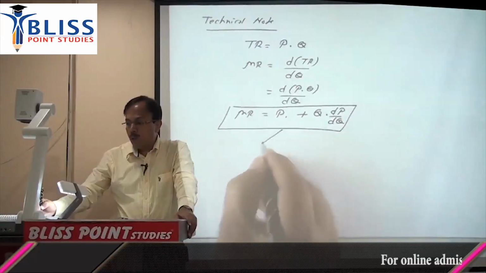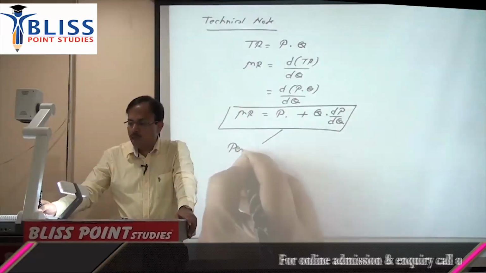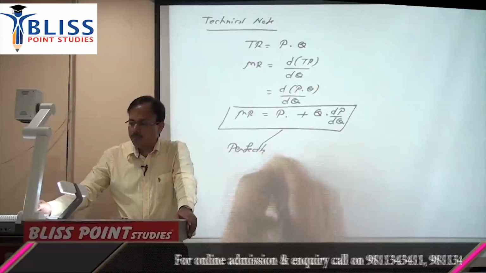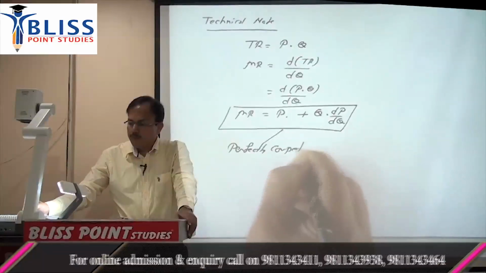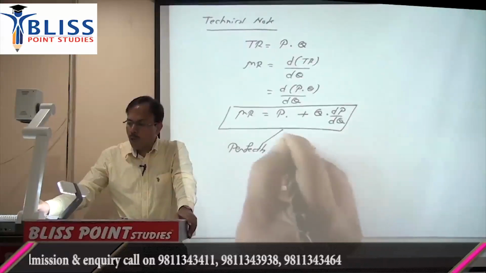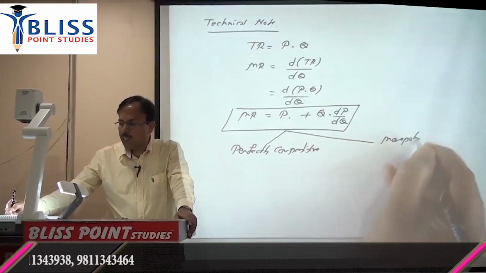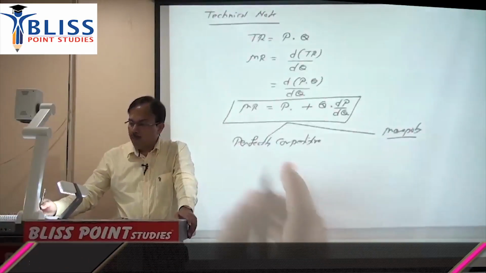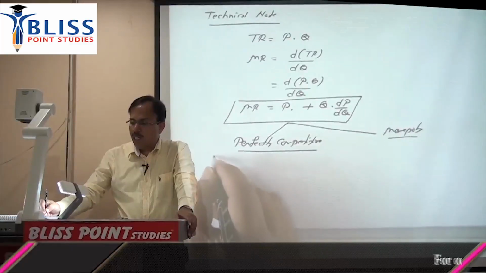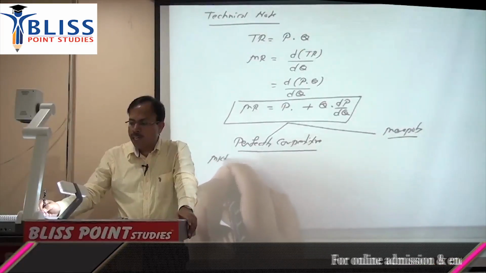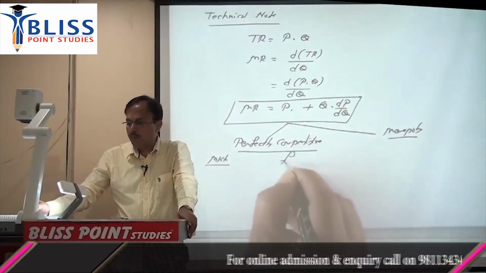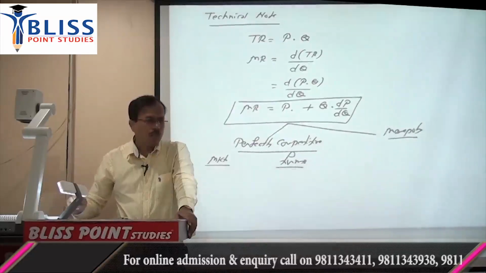Now in any question if I say market is perfectly competitive, तो परफेक्टली कॉम्पिटिटिव होने पे क्या करना है और मोनोपोली होने पे क्या करना है, जरा इसमें लेना. When I say perfectly competitive, then in a perfectly competitive market there are many firms.